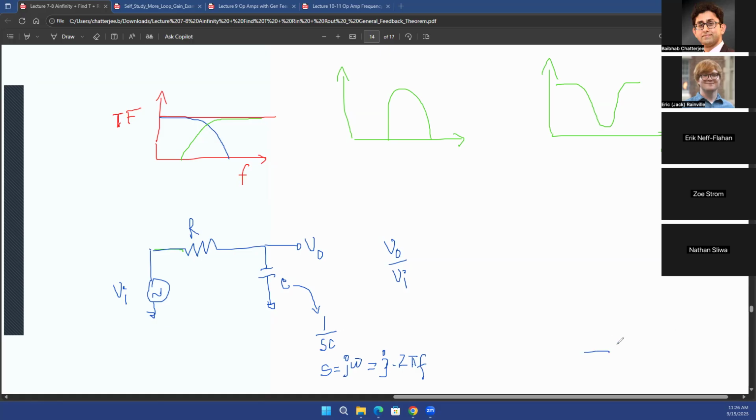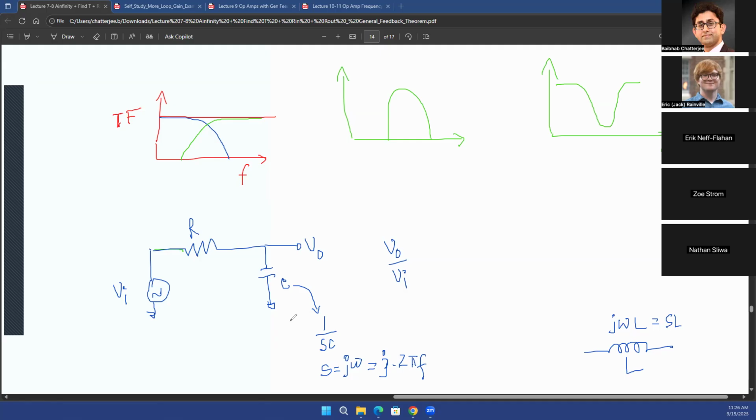On the other hand, if you had an inductor, the inductor's value is L, and the impedance of the inductor would be j omega times L or S times L. So as omega increases or as frequency increases, the impedance of the inductor increases.